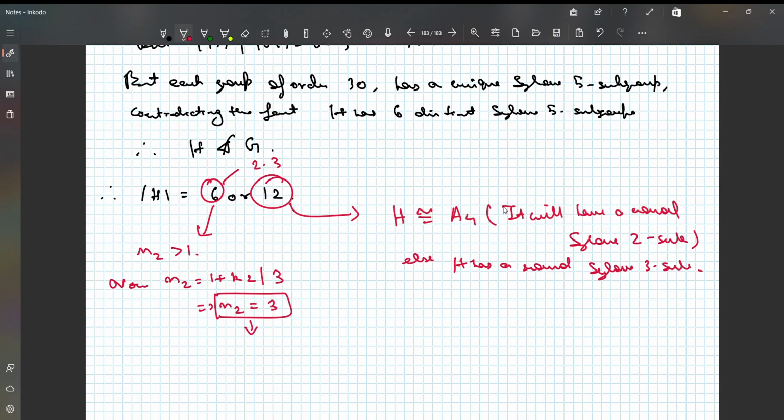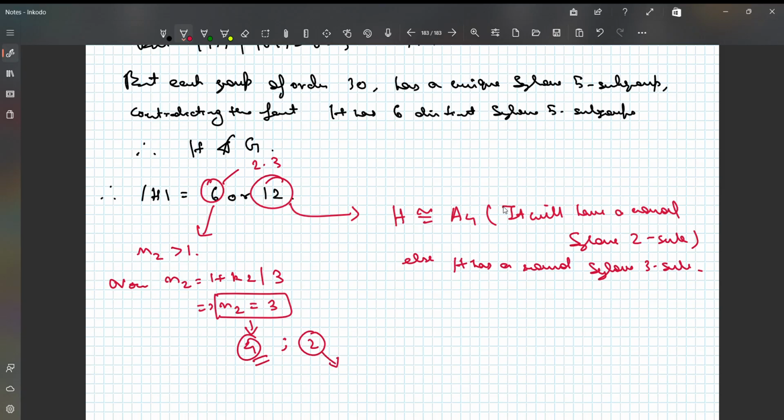Therefore, the total number of elements from these three subgroups is four: one non-identity element from each of them and the identity element. But what is the number of elements left in a group of order six? We are only left with two elements, right?